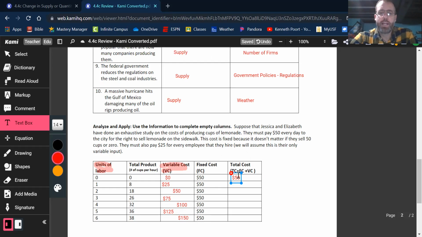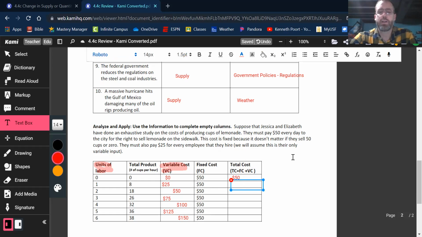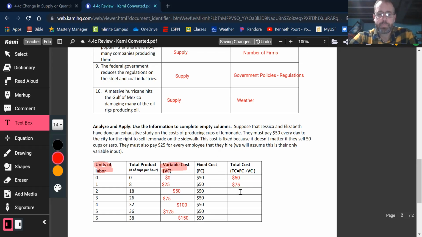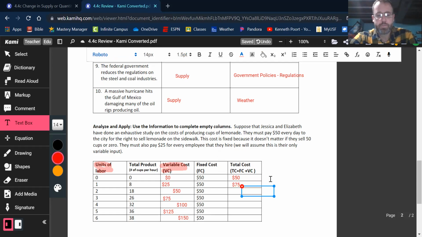All right, so the key thing I want you to see here, guys, is even with total product, even if I sell 0 cups per hour, I'm still going to get a cost of $50, even if I don't produce anything. So it's important to know your fixed cost. All right, so the next one then would be $75. $100, 50 plus 50.